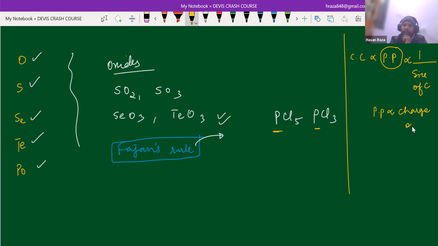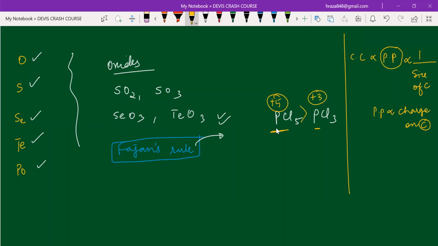Because if a cation has greater charge, it will have smaller size. So you can see one will be +5 and the other +3, so the +5 one will be more covalent. Are you getting my point?